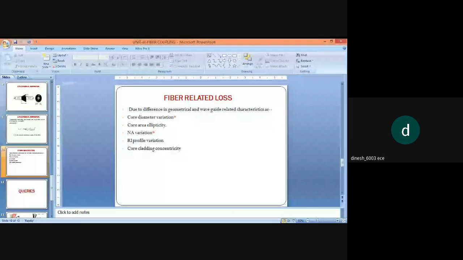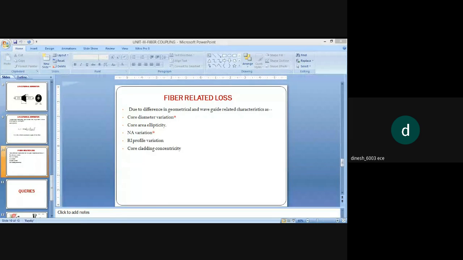There are fiber losses depending upon the core diameter variation, the core area ellipticity, the numerical aperture variation, the refractive index profile variation, and the core cladding. In our syllabus, we have discussed only the core diameter variation and the numerical aperture variation schemes.